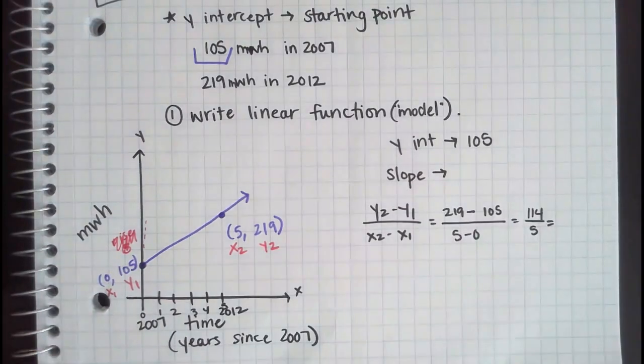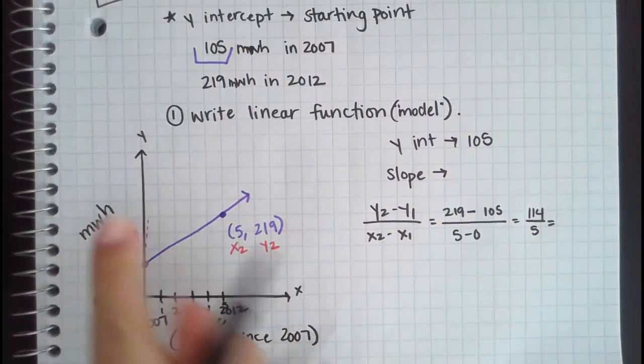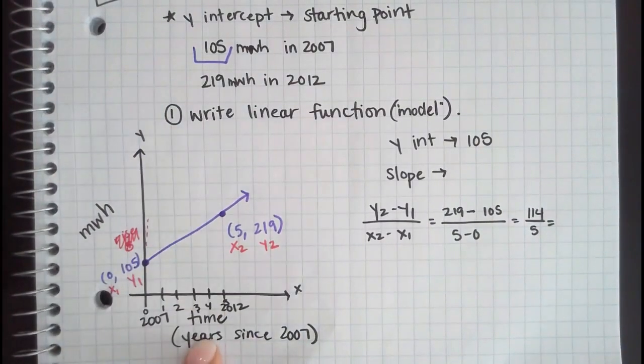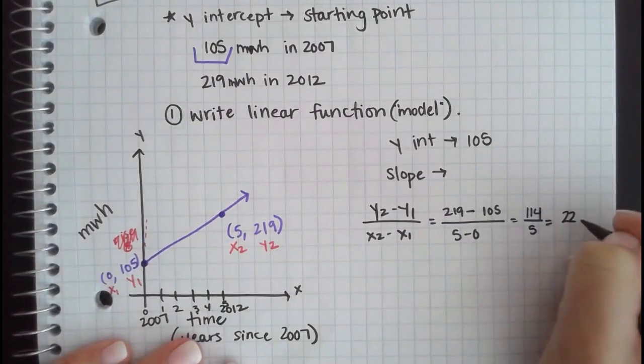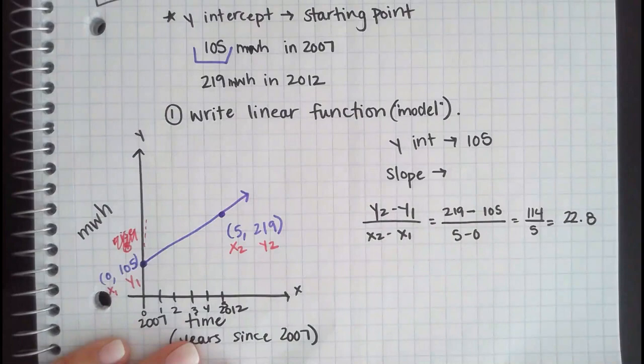You can leave it as that improper fraction, or we could simplify it to an actual unit rate, because it needs to be a rate of something per something. This is going to be, for us, megawatt hours per year. If we simplify that, it becomes 22.8.